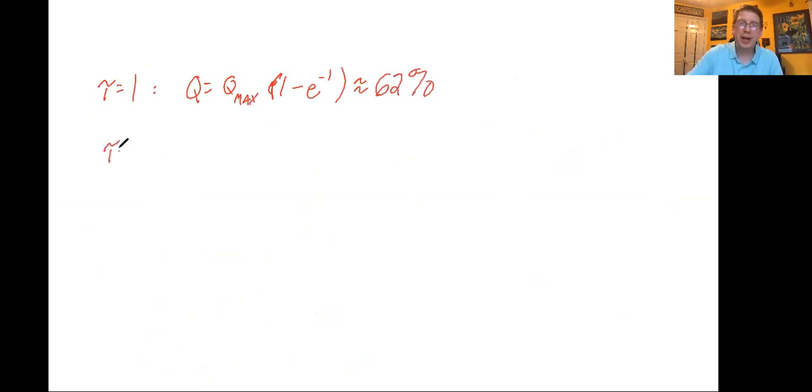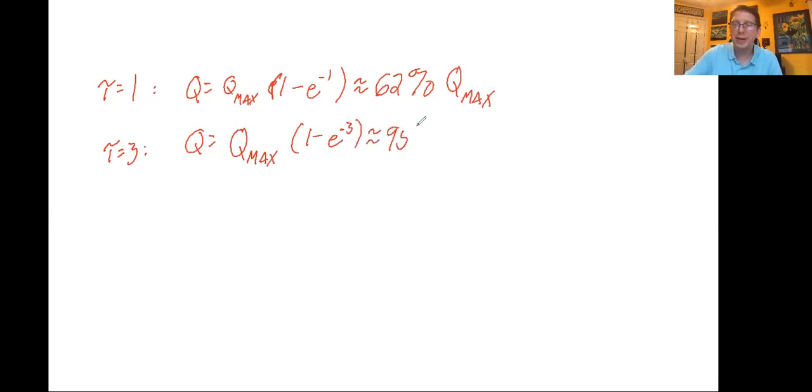At 3 time constants, for tau equal to 3, that's 1 minus e to the negative 3, which is approximately 95% of Q max.